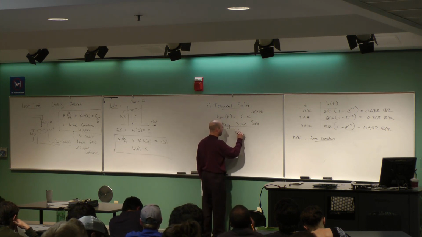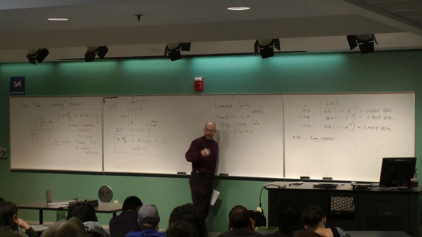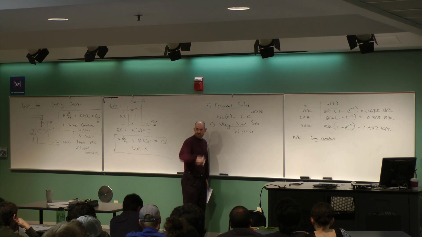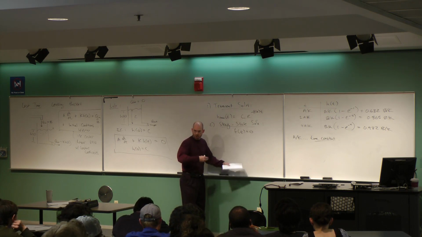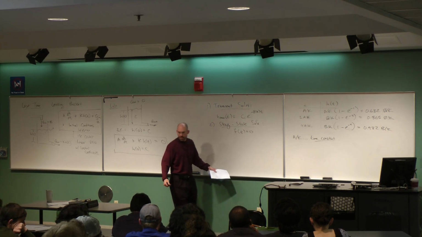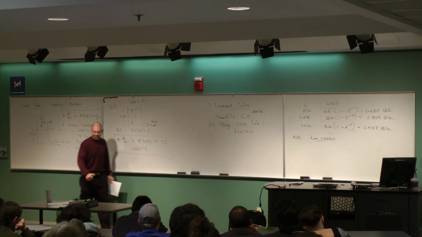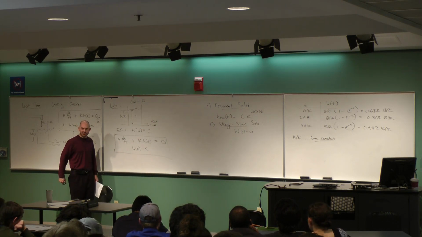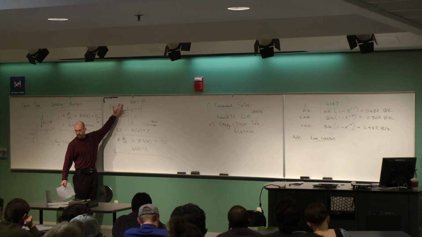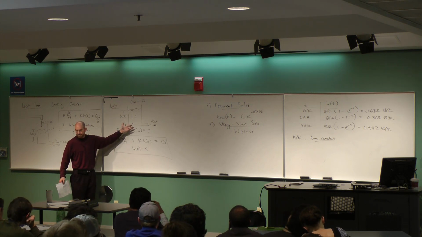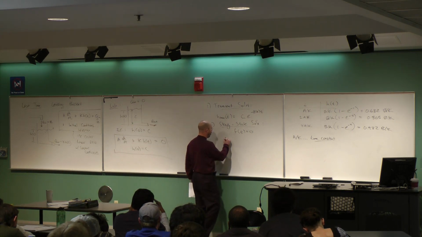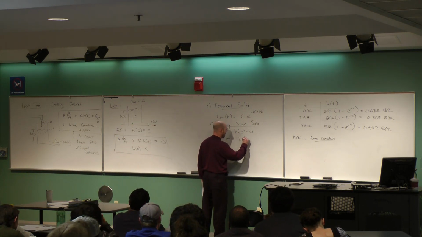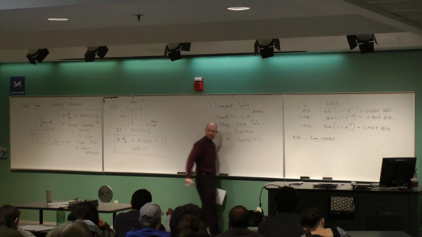So my f of t equals 0. I'm not forcing this problem. I'm not turning on the faucet. When in doubt, if you're struggling with what that means for the math, connect it back to the physics. The steady state solution is where this thing ends up. If I don't have a faucet on, where's this going to end up? 0. Empty, right? If f of t is 0, the solution h steady state of t is always 0.